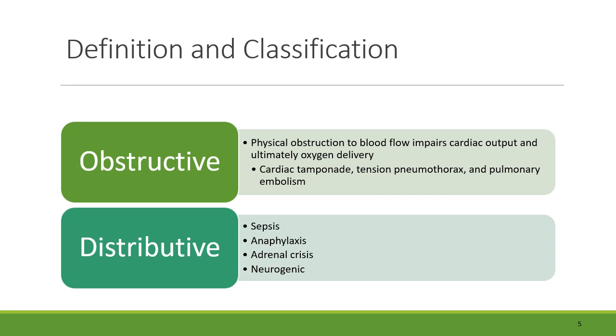Whether mediated by cytokine release by an infectious organism, or histamine release secondary to allergen exposure, or loss of sympathetic tone from decreased adrenergic or neuronal control, each of these shock states results in insufficient oxygen delivery or underutilization to meet the body's metabolic demands.